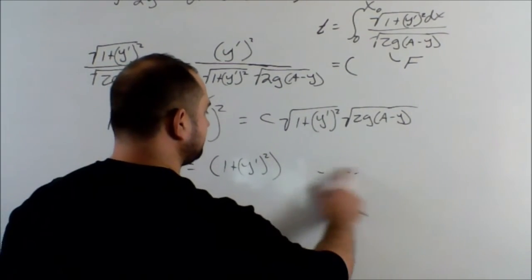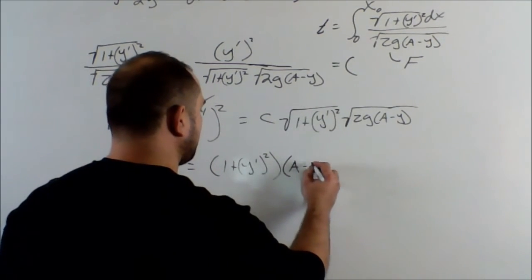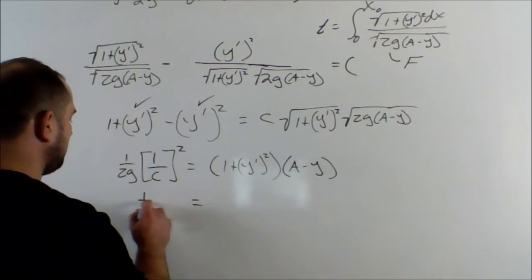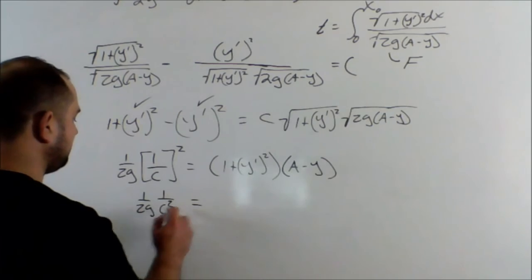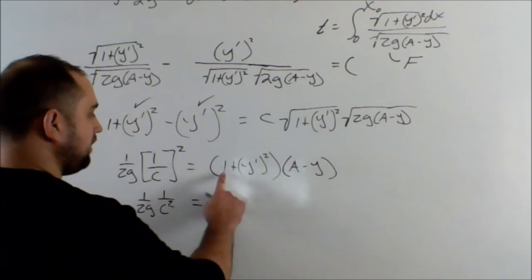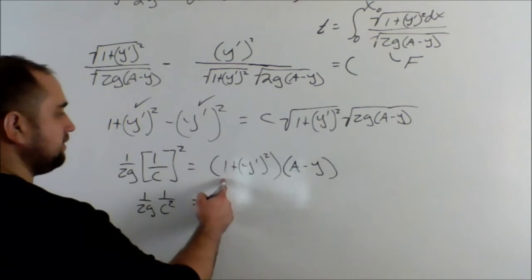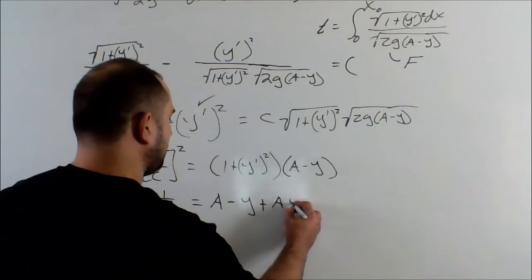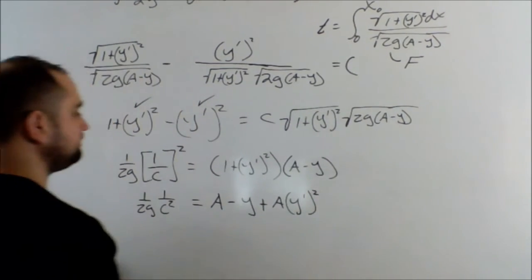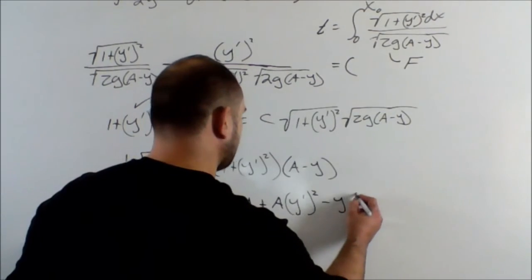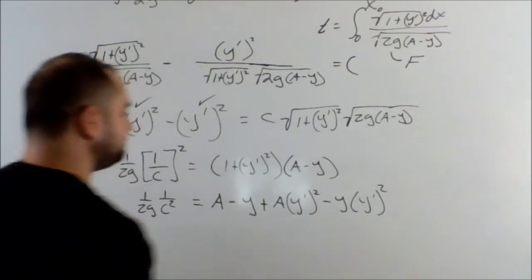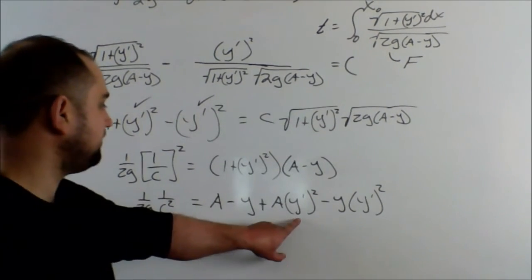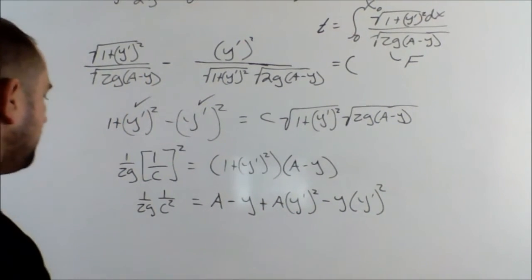So let's rewrite this to where we have a minus y. Okay, so this is going to give me 1 over 2g times 1 over c squared is equal to a minus y plus a y prime squared minus y times y prime squared. Okay, so now let's factor out the y prime squared.